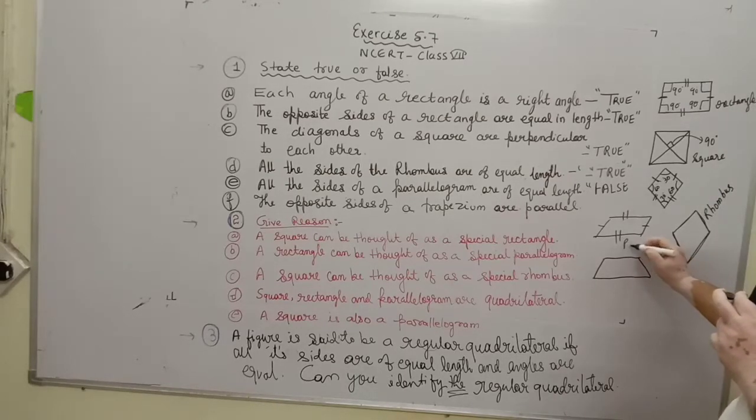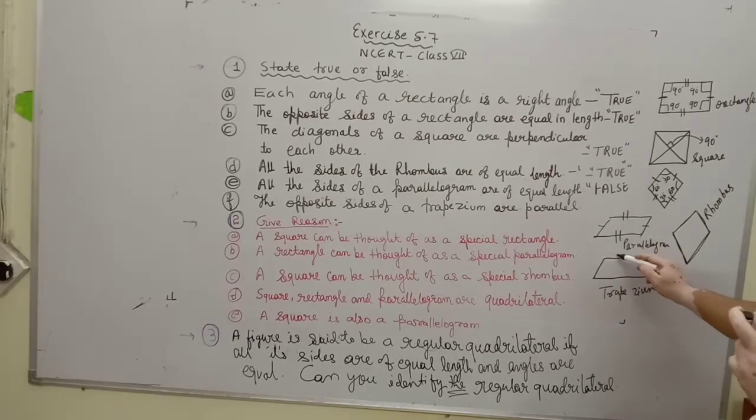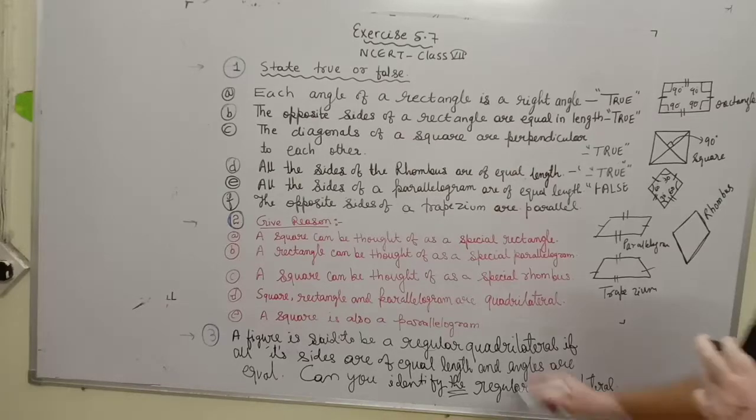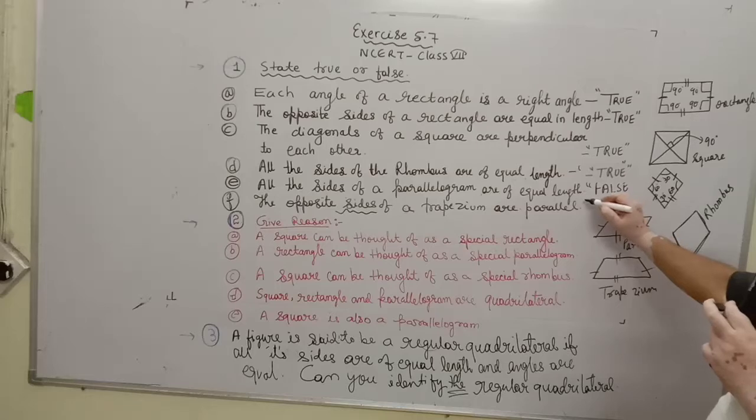This is a parallelogram. And this is a trapezium. In a trapezium, only 2 opposite sides are parallel. The other 2 sides are not parallel. So the opposite sides of a trapezium are parallel is not correct for all sides. Only 2 of the sides can be parallel. So this will be false.